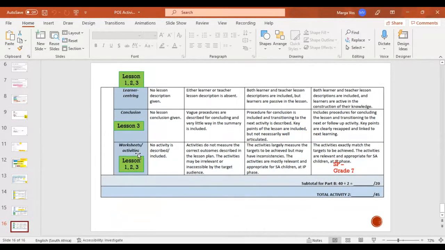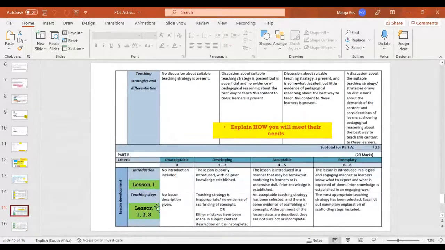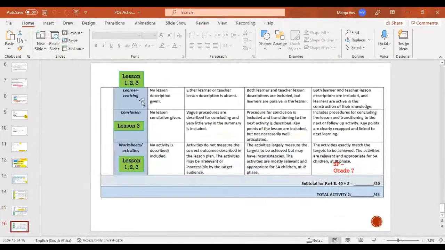You give me activities that you are going to do for lesson 2. And then in the conclusion phase, you also describe the teaching steps, describe what the learners are going to do, describe how you are going to end off this lesson, and describe the activities. Right, so it is actually 3 activities or 3 lessons in one. That is what you should do.